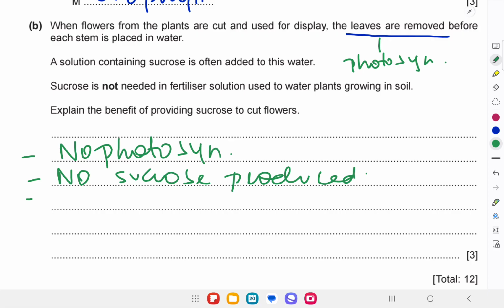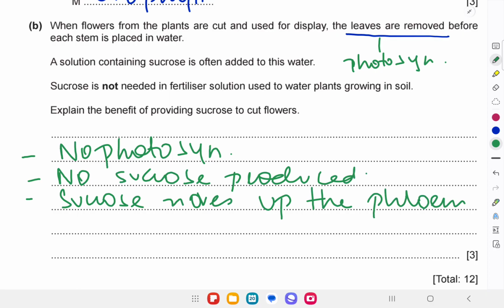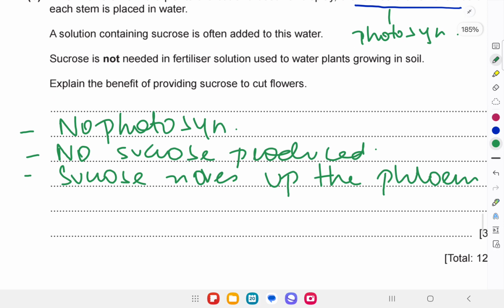So when we provide them a solution with sucrose in it, the sucrose moves up the phloem, and it is used for respiration, and the process of respiration provides energy.